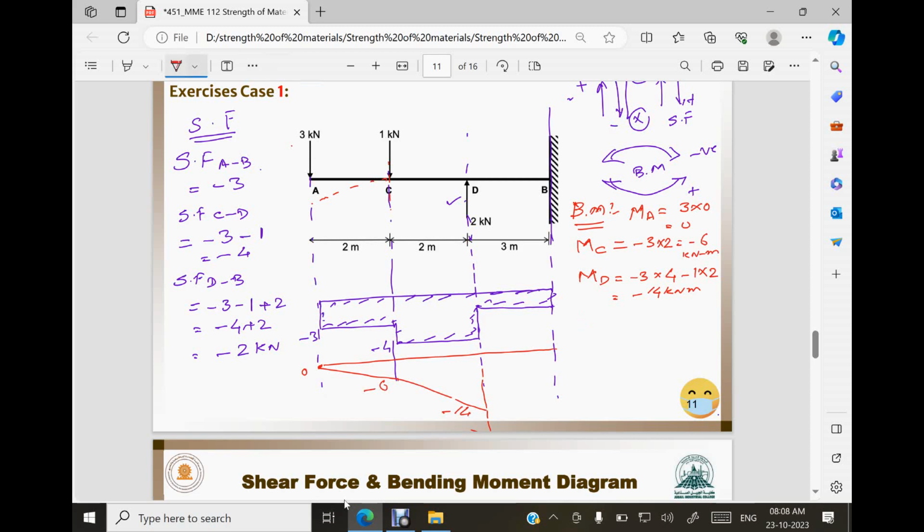Now bending moment at B, that is MB, is equal to how much? On the left side you see minus 3 multiplied by 4 plus 3, which is 7. Then you have got minus 1 into 5 and then plus 2 into 3.